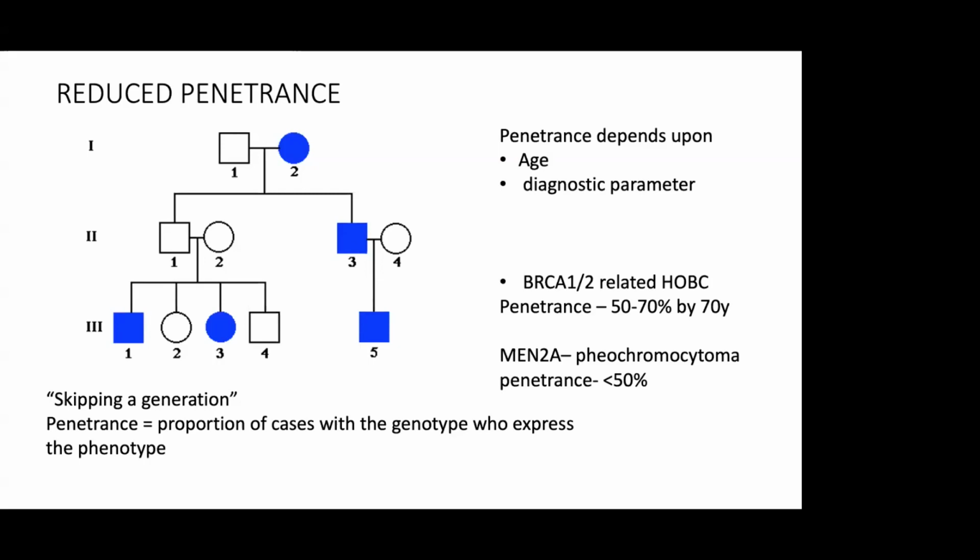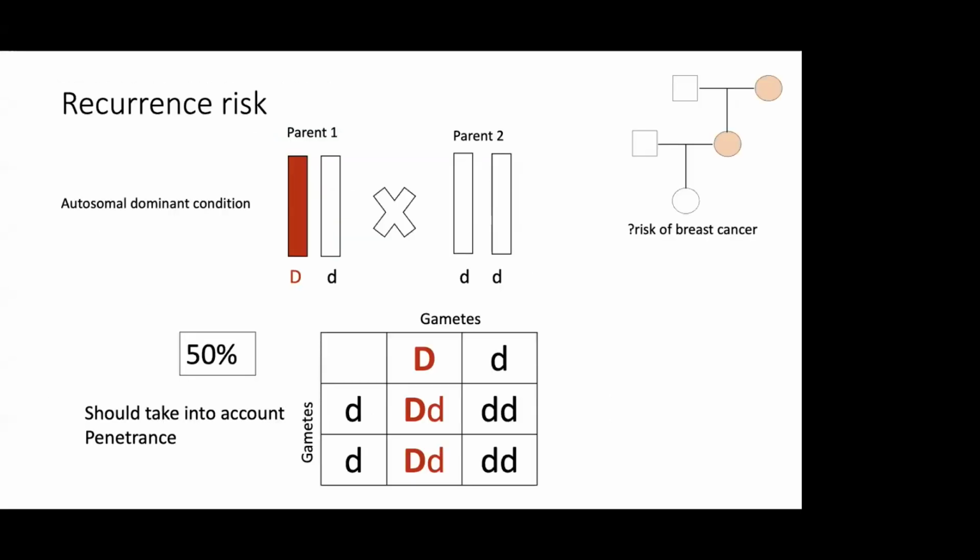The penetrance of thyroid carcinoma is 100%, but for pheochromocytoma it is less than 50%. So that's why adrenalectomy is not recommended.